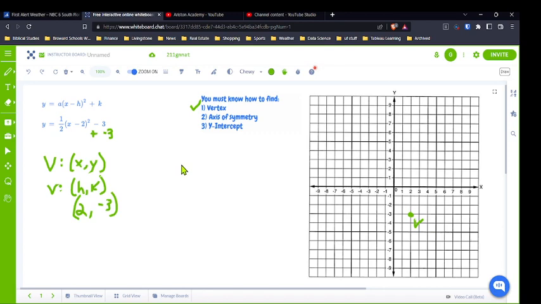Yes, check. All right. Now, the next thing is this thing called an axis of symmetry. While I prepare for showing you how to do axis of symmetry, take a few seconds to make sure you understand how I found h and k and then plotted it.